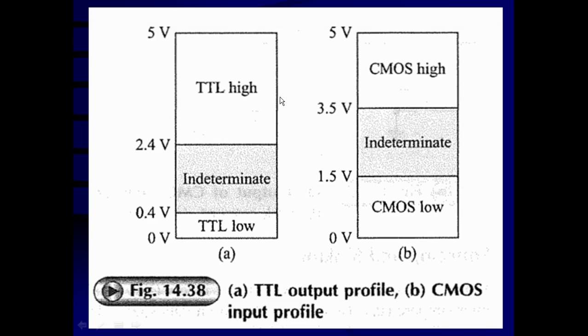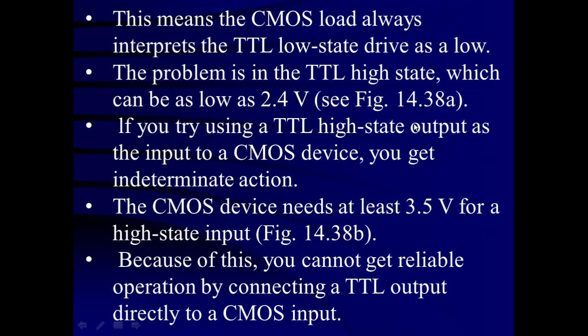But in the high state, the output window doesn't fit inside the high state window of the CMOS and hence it comes to the indeterminate state. This means the CMOS load always interprets TTL low state drive as a low. The problem is in the TTL high state, which can be as low as 2.4 volt.